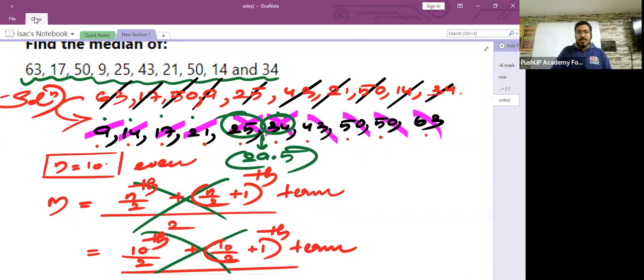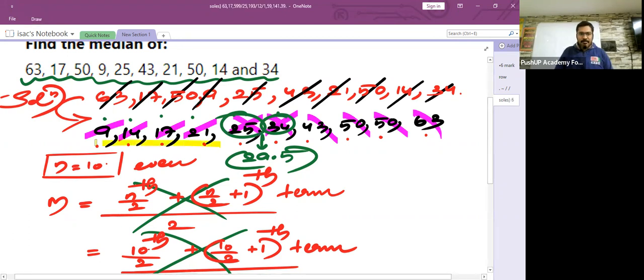Towards the left-hand side of 25, not 34, how many observations are there? 4 observations are there. Towards the right-hand side of 34, how many observations are there? 4 observations are there, isn't it?